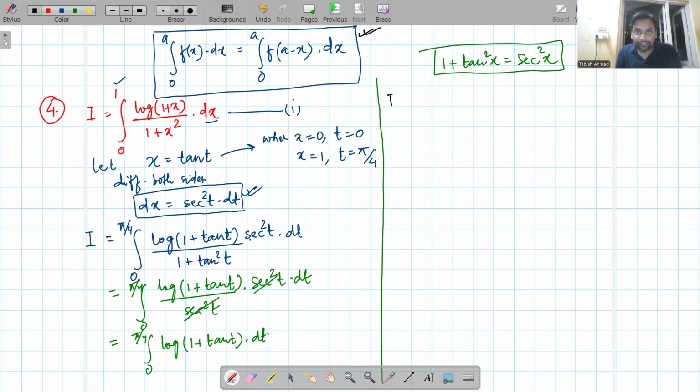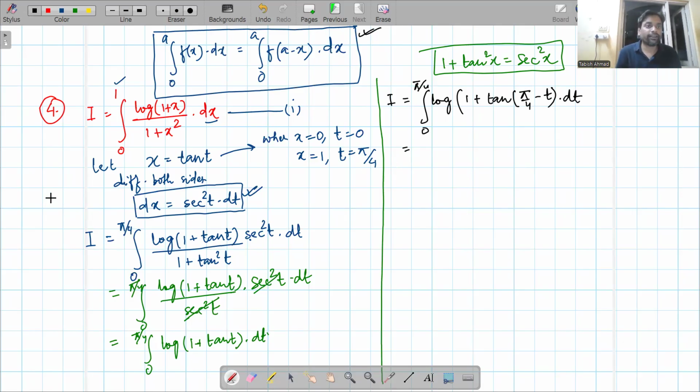So our I will become 0 to pi by 4, and the variable will become a minus x. So this will become log(1 plus tan of (pi by 4 minus t)) dt, using the rule. Very great.